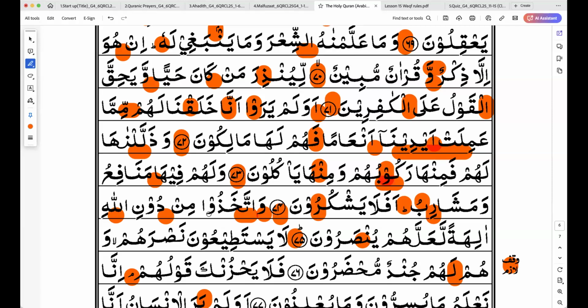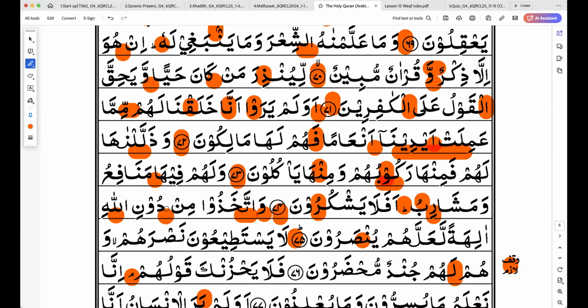Ittakhadhu. And what rule will you apply over here? Min dunin. It's idgham. So dal is not one of the yarmalun letters, right? Oh, not idgham, so the rule of ikhfa will be applied. Yeah. So how will you sound the noon? Min dunin.